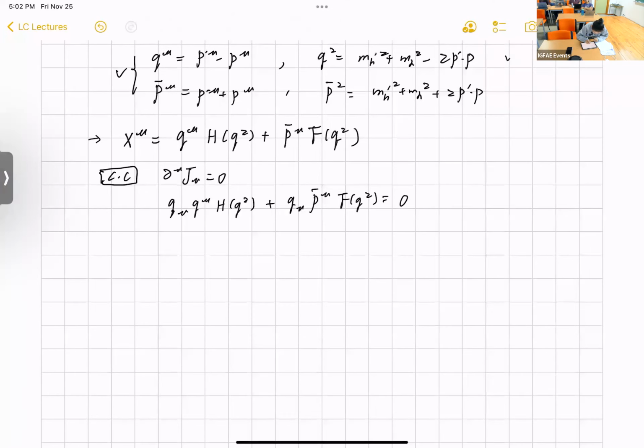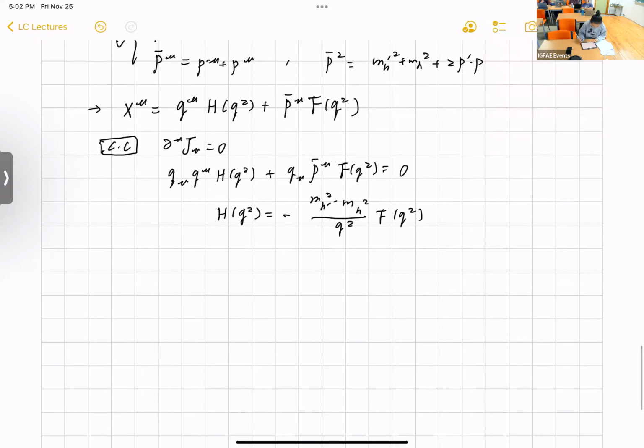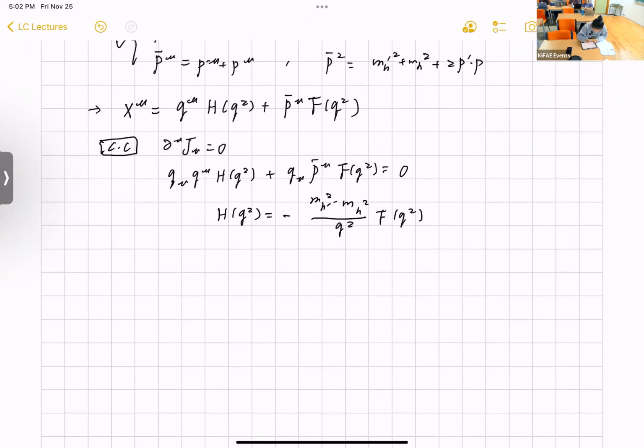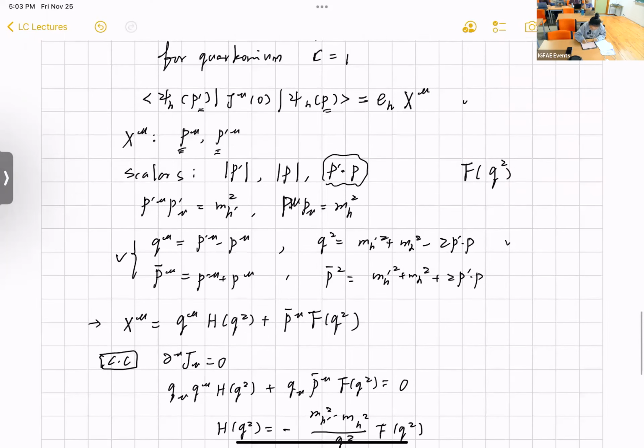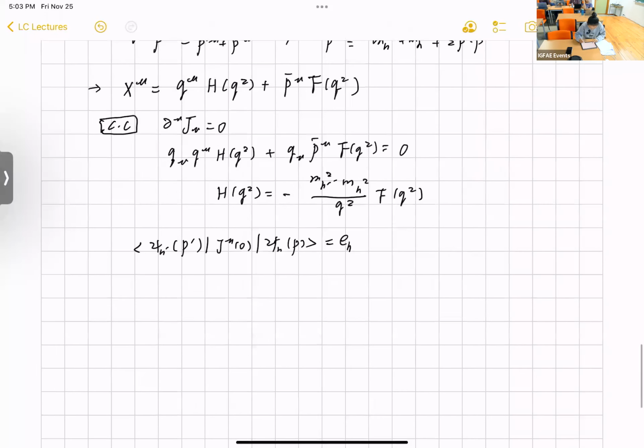So with this, I can write h in terms of f, and then put it back into X^μ. So I'm just putting it back into the equation we started with.